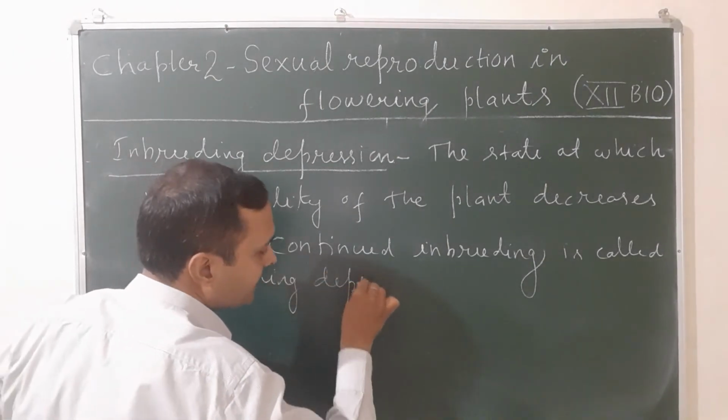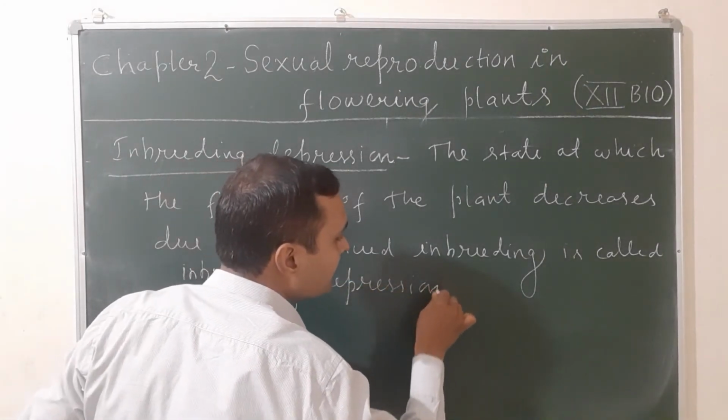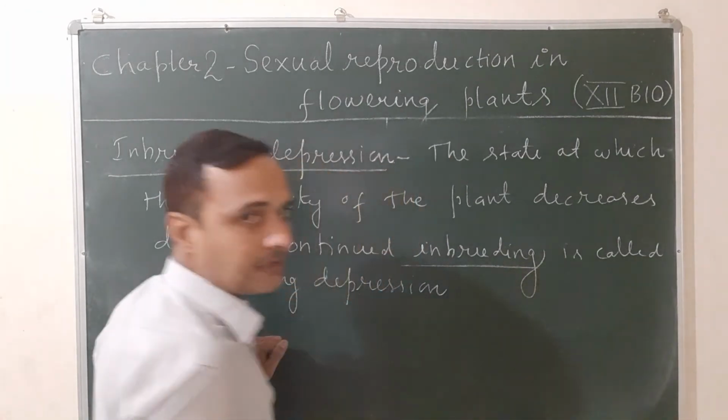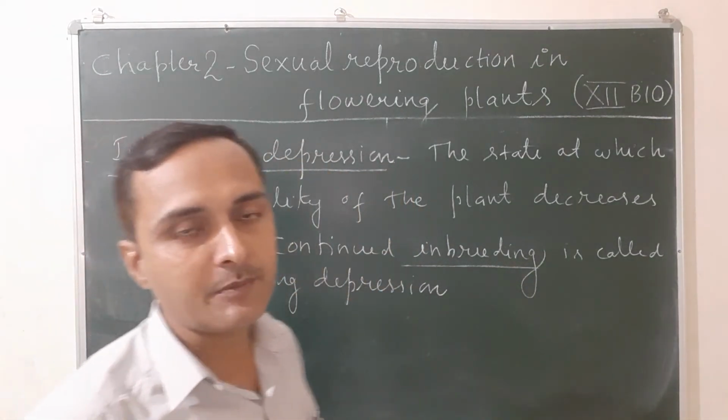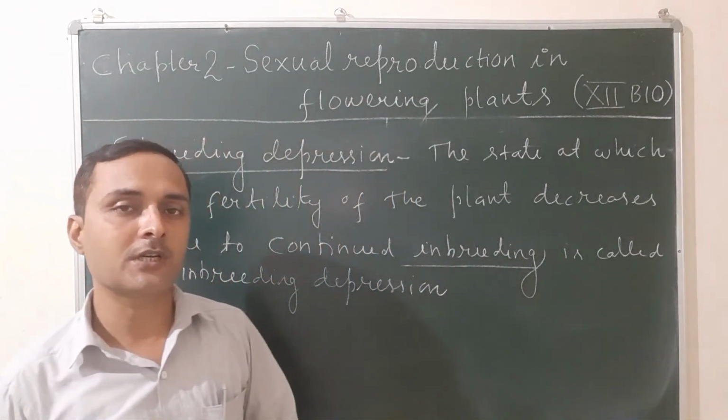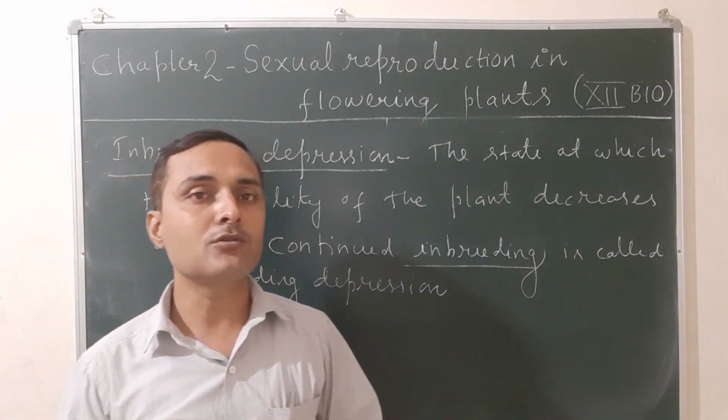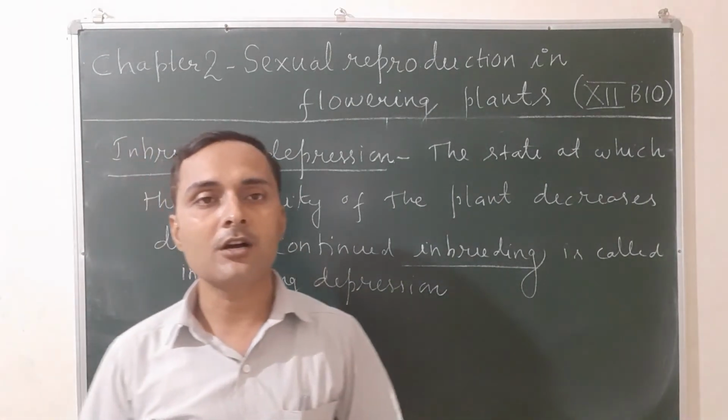Inbreeding means mating between closely related plants. So what is inbreeding depression? The state at which the fertility of the plant decreases due to continued self-pollination is called inbreeding depression.